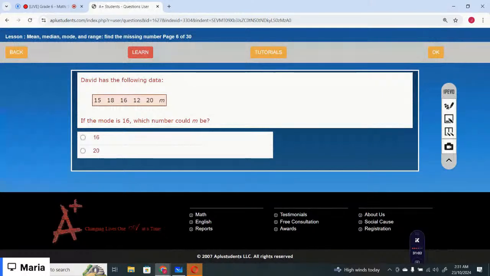David has the following data: 15, 18, 16, 12, 20, and M. If the mode is 16, what number could M be? So, which is the correct option?